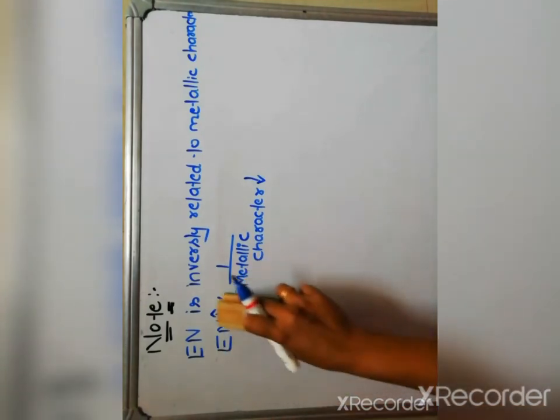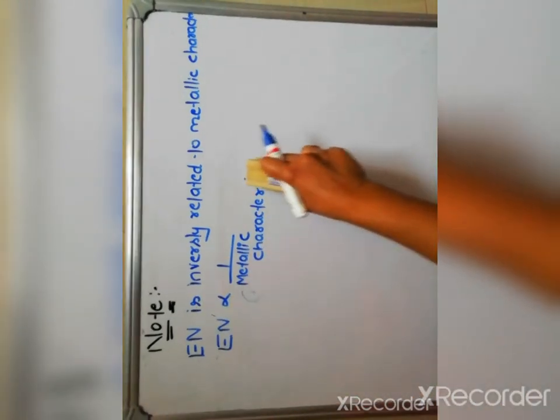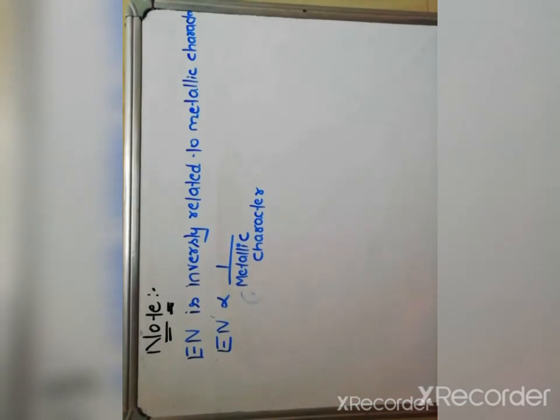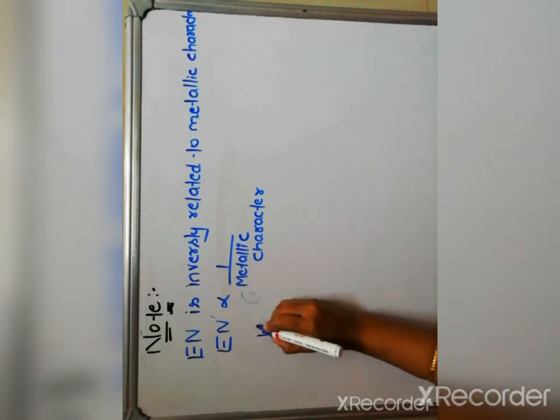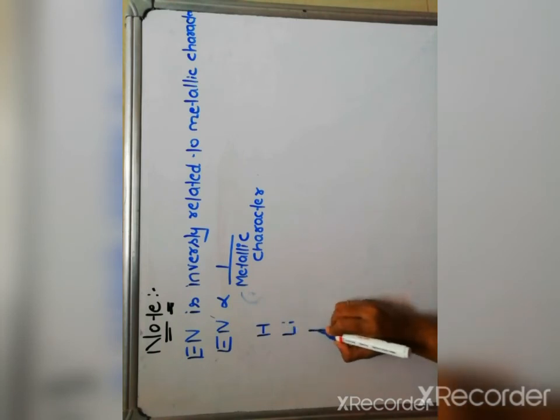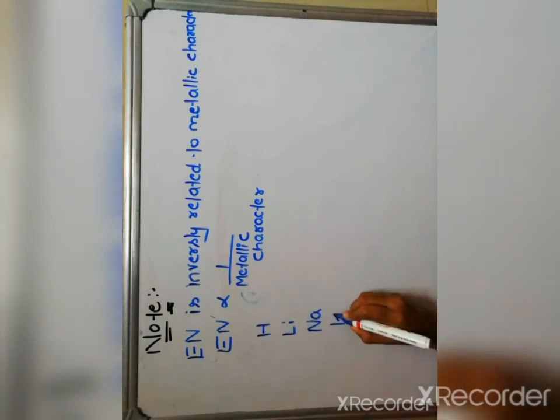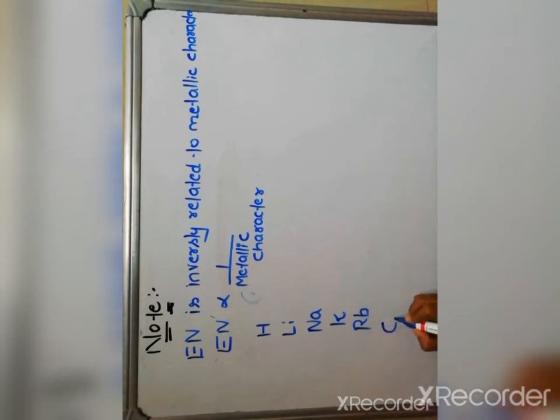Now I will explain how this is related to the metallic character. We know the group 1 elements. Which are the group 1 elements? Hydrogen, lithium, sodium, potassium, rubidium, and one more, cesium.